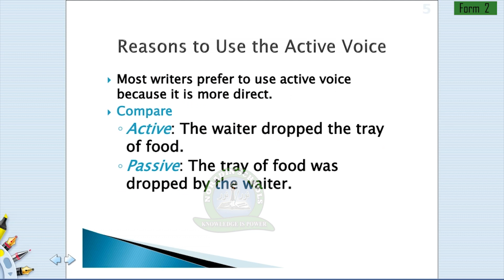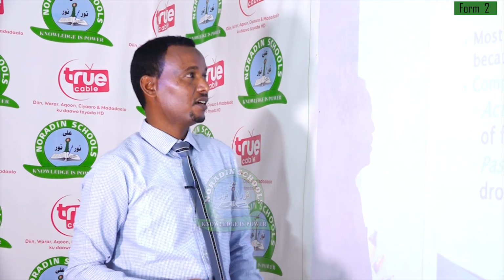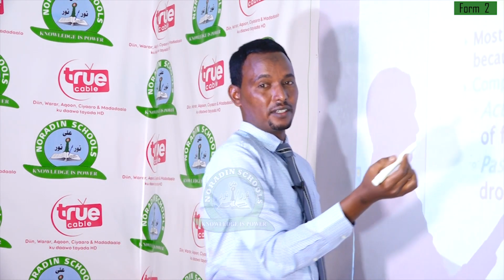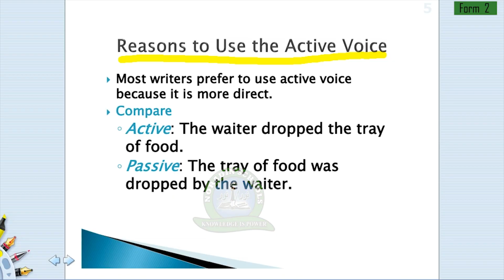There are some reasons for using active voice. We don't simply use active voice and passive voice, but there are some reasons to use active voice. Most writers, when you're writing something, or if you're writing a novel, prefer, that means they like to use active voice.